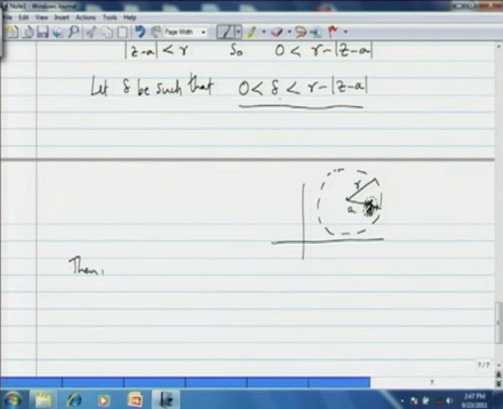Then if a number w belongs to B(z, delta), so this is a ball of radius delta around the point z, then the modulus of w minus z is going to be strictly less than delta, by the definition of the ball.